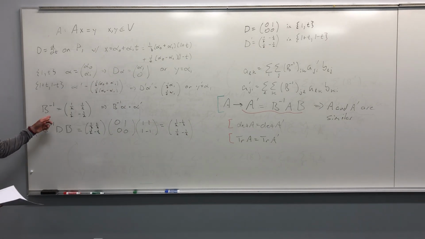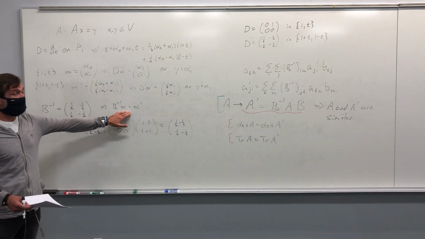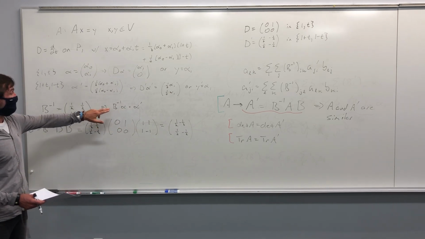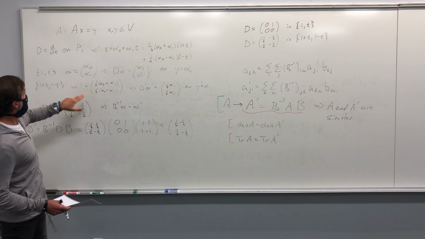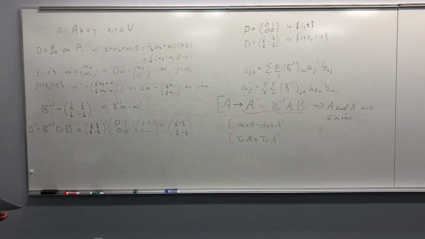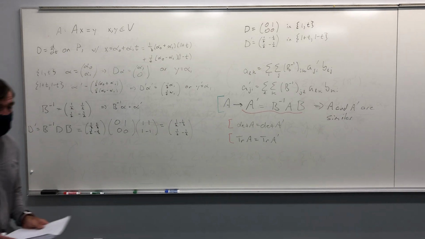Yeah, that's how I constructed the B. I constructed B inverse so that this was true. Make sense? I just looked at alpha primed and alpha and said, what does B inverse need to be? And that's what it needs to be. So yeah, the B's are intimately related to where you're starting and where you're ending up after the transformation. Okay, other questions?